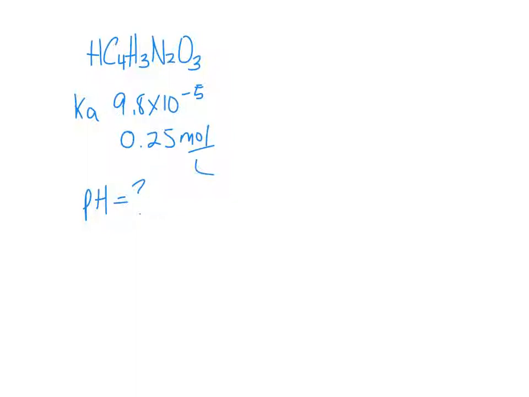Ice tables. Do you want to do informal or formal? Informal, thank you. Just means I have to write less. Okay, so here we go. Your H is either going to be here or over here.